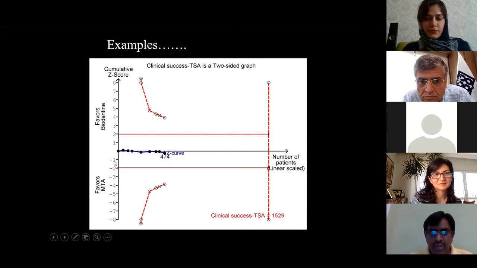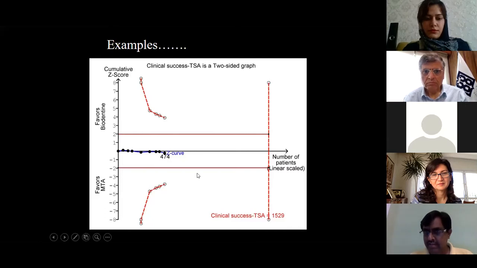Can you see this blue line, the Z curve, has stopped here at 474. So totally I have 3, 4, 5, 6, 7, 8. You got it? So totally I have 8 studies. In those 8 studies, the number of samples is 474. Can you see my cursor here?